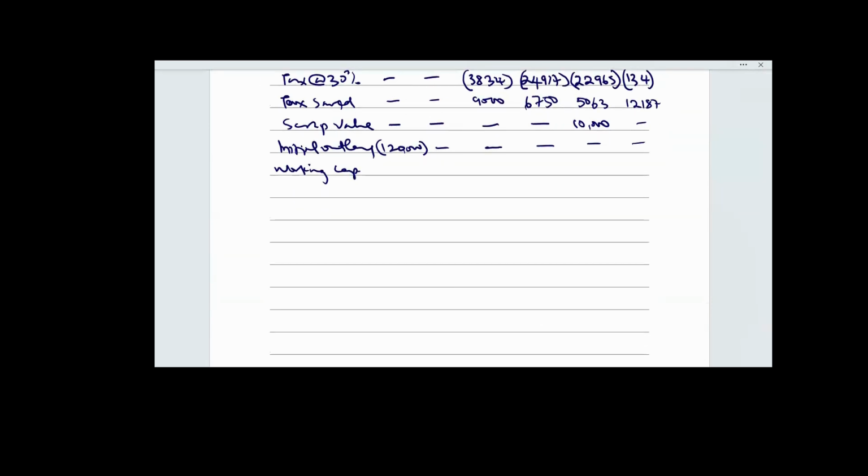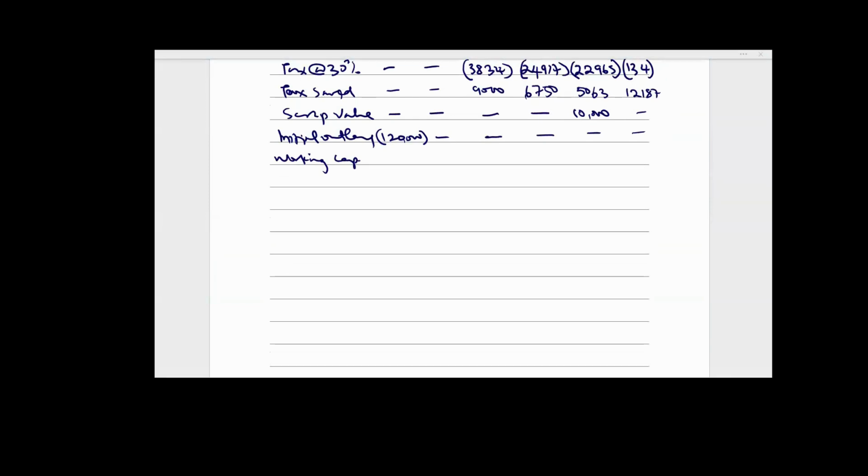How much is working capital? According to the question, you are told that an additional initial investment of 20 million naira will be needed for working capital. If this is what you are given, that 20 million, with no further information, what you are supposed to do is recognize this 20 million naira as a cash outflow in year 0. At the end of the useful life, in year 4, you recover the 20 million naira. That's all you need to do.